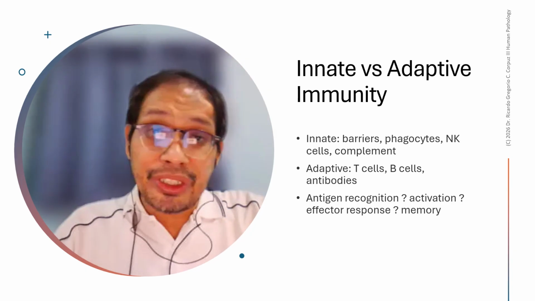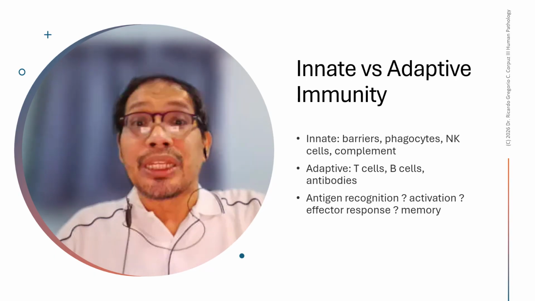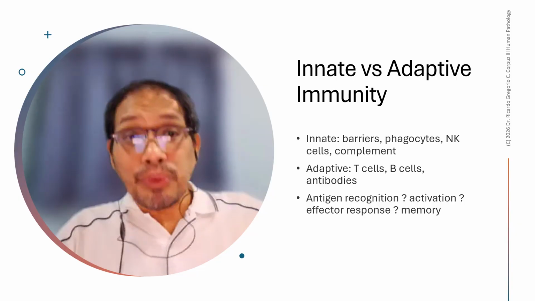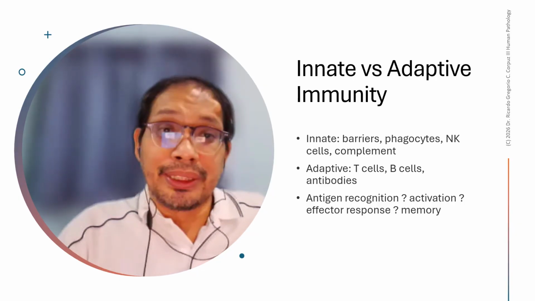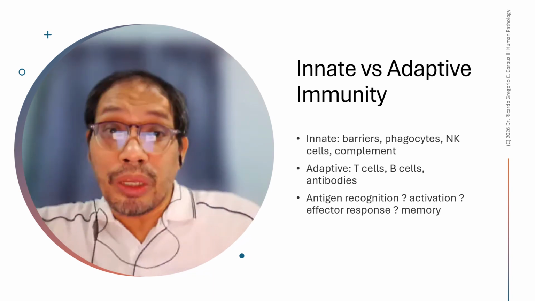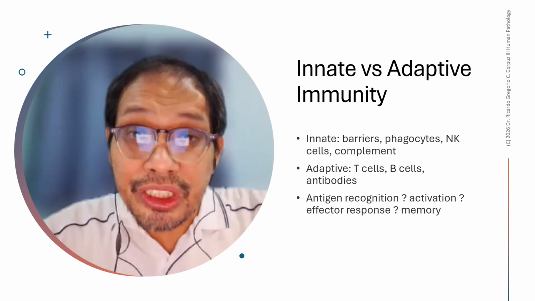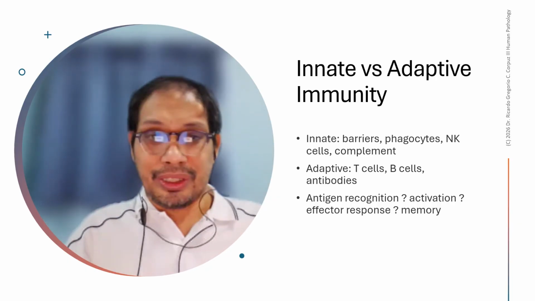B cells differentiate into plasma cells that produce antibodies. Antibodies neutralize microbes, opsonize pathogens, and activate complement. So, what will happen? Dysregulation leads to autoimmunity, immunodeficiency, transplant rejection, and hypersensitivity reaction.